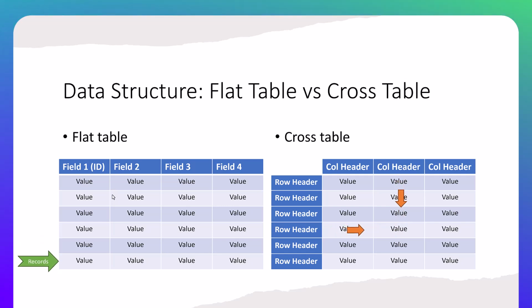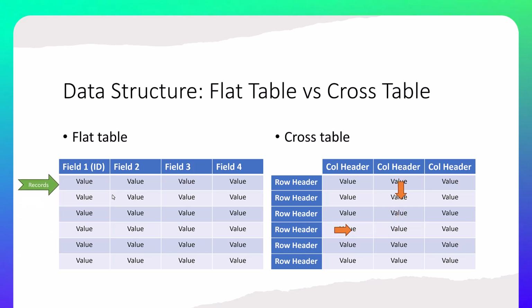On the other hand, if we look at the right side, the cross table, the way we read the cross table is we actually cross between the column header and a row header. And this is very similar to using a catalog. So you cross both the column header and row header and you arrive at the intersection between the two. And this gives you the information you need.